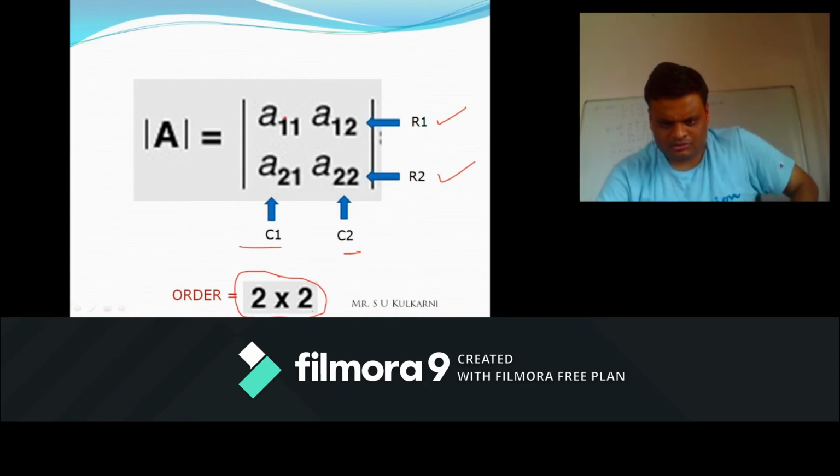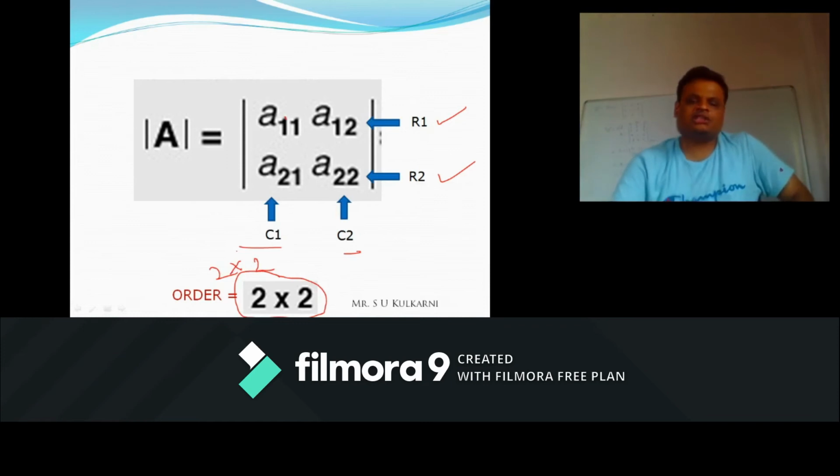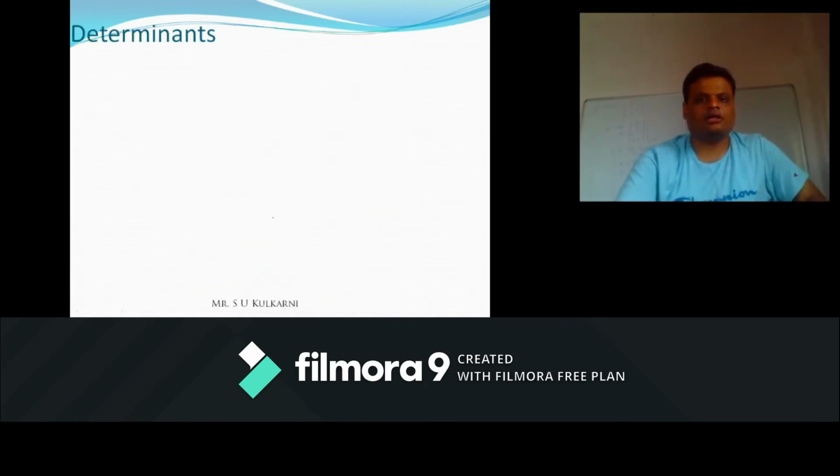For a determinant of order 2, it is not necessary to call it 2 by 2 every time, because it is a square. If you have the number of rows as 2, then the number of columns must be 2. It cannot be anything other.